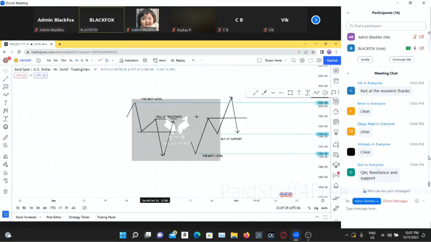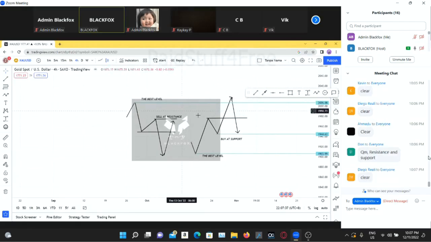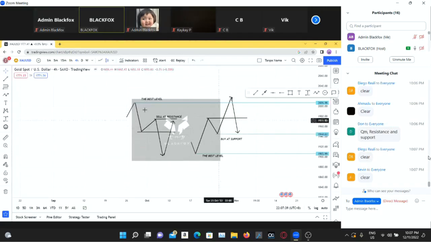Is that clear? For this setup, maximum fail three times. But the win rate for my setup, if I have 10 setups, is 8 per 10 or 9 per 10. Because sometimes if this one fails, then I have the best level for entry sell. If this buy at support fails, I have the best level for buy. So still not at the maximum to fail.